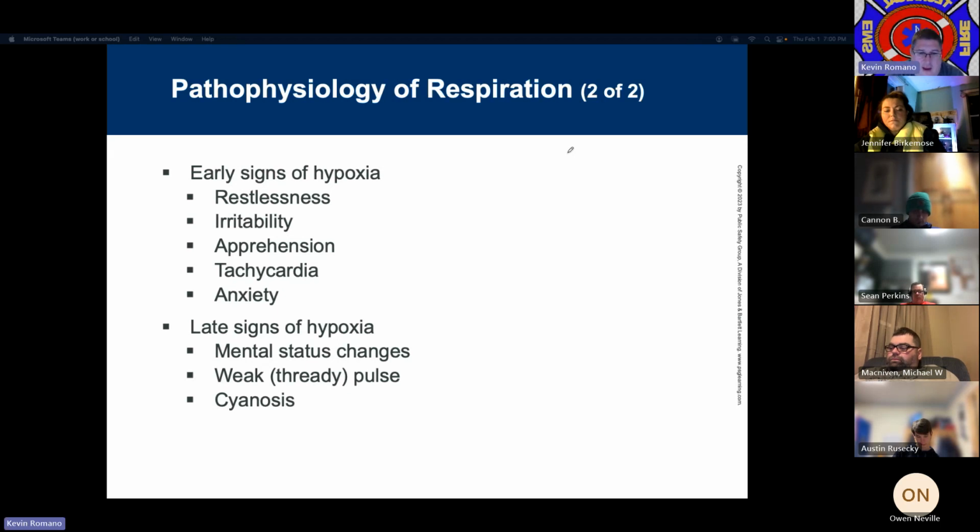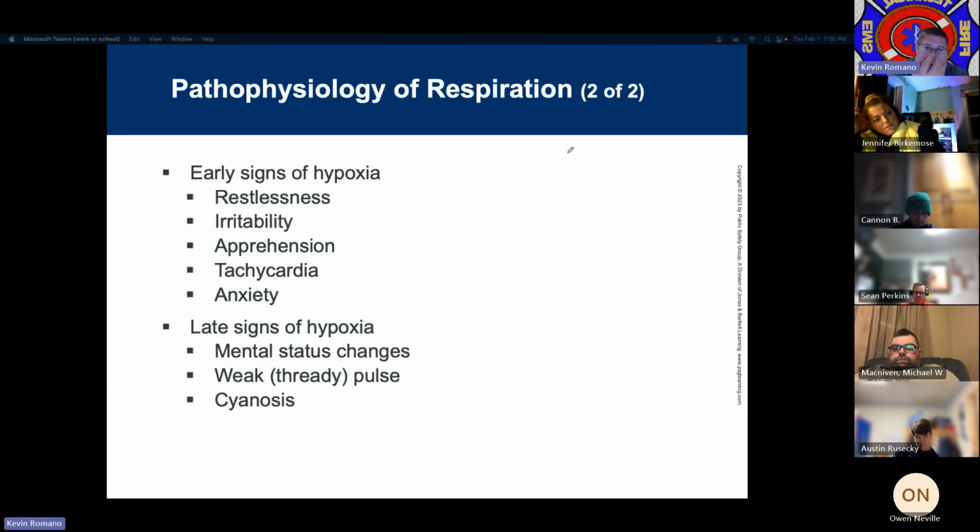Once they hit that late sign and we start seeing mental status changes, it's very hard to control a patient at that point. Patients that have altered mental status cannot get CPAP because they can't maintain their own airway. They can't have it on because if they vomit, you aspirate them. That's back on you as a provider, right? So we have to catch this stuff in the early signs, that irritability, restlessness, apprehension, tachycardia, anxiety.